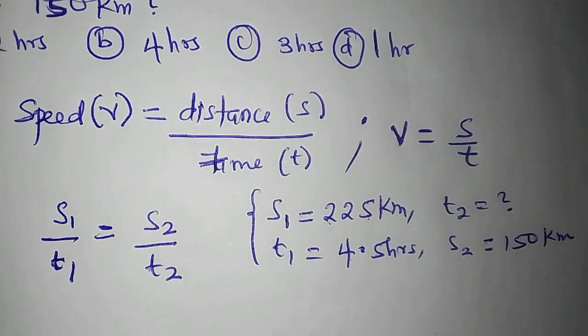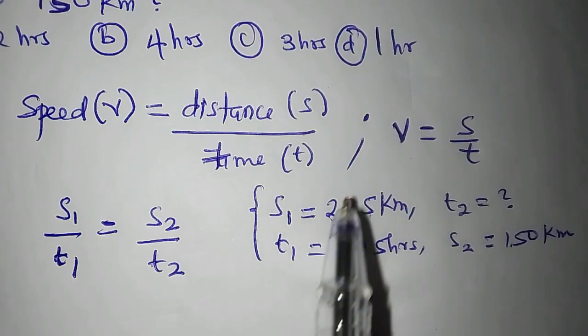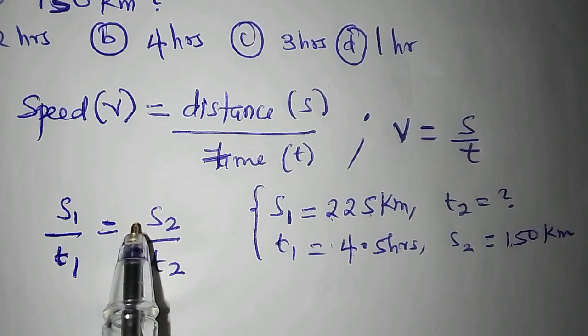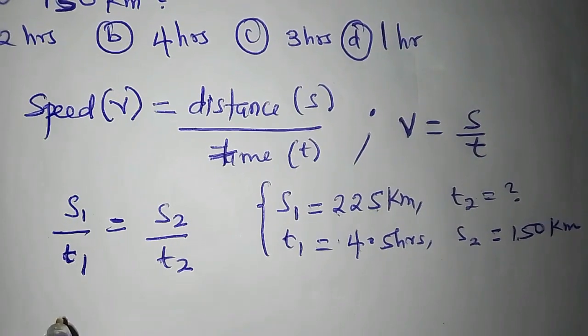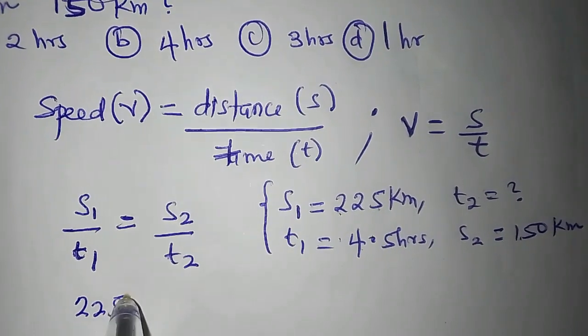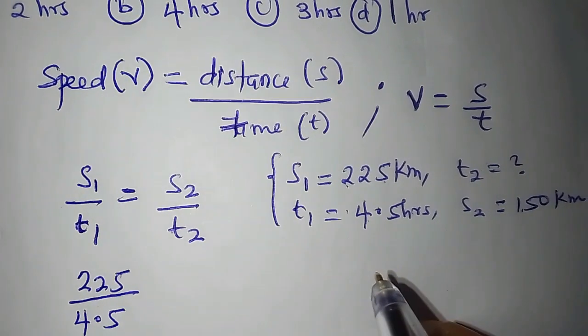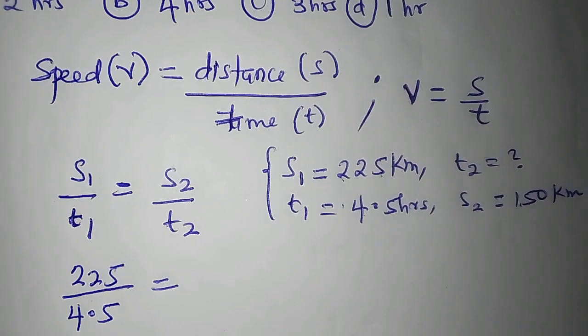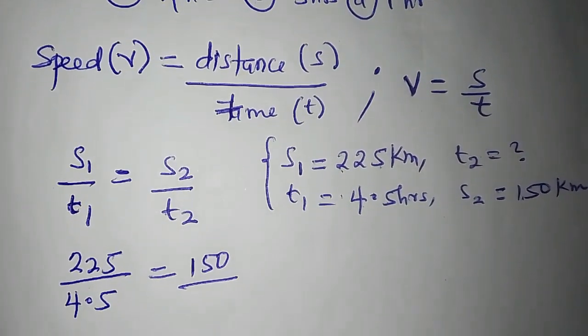We are asked to find the time taken to run 150 kilometers. So let's plug in these values into this equation and solve for T2. S1 is 225, so 225 divided by T1, which is 4.5, is equal to S2, which is 150, over T2, which we are looking for.